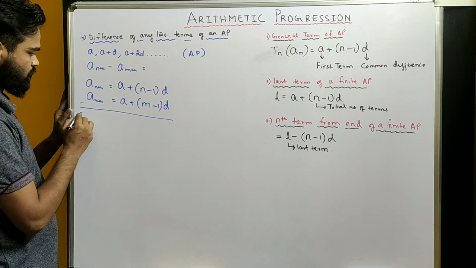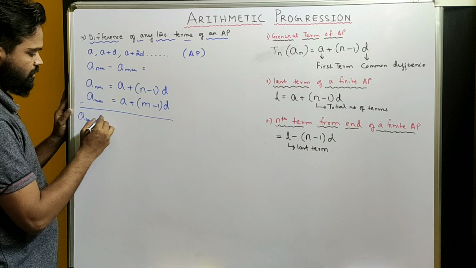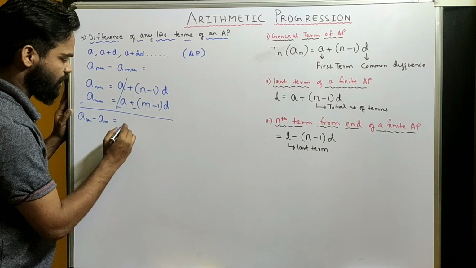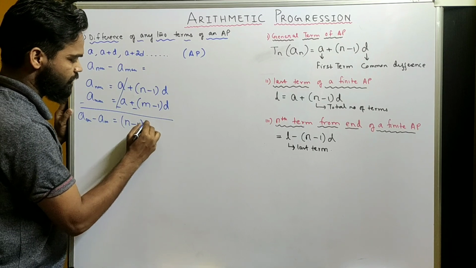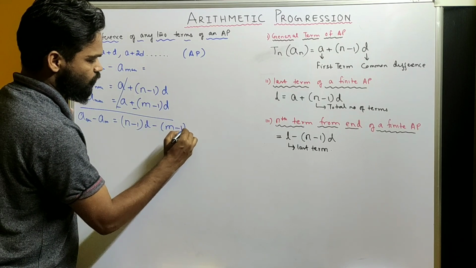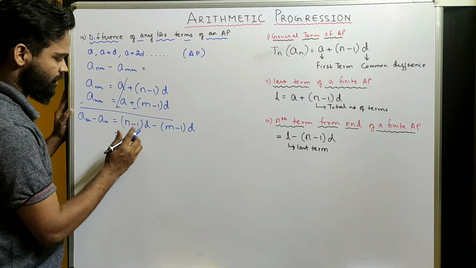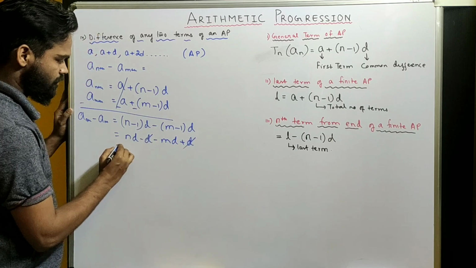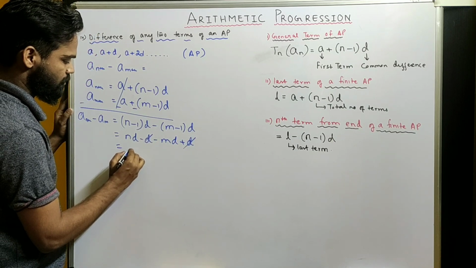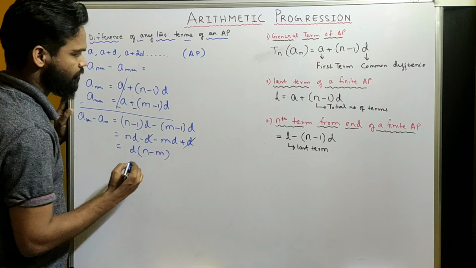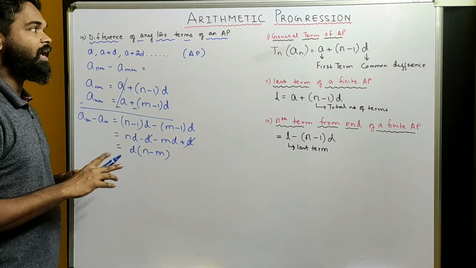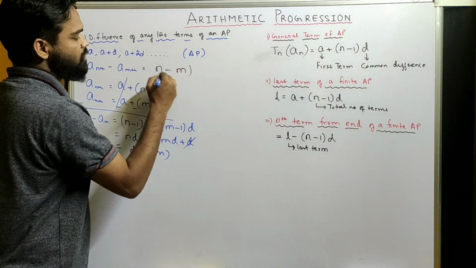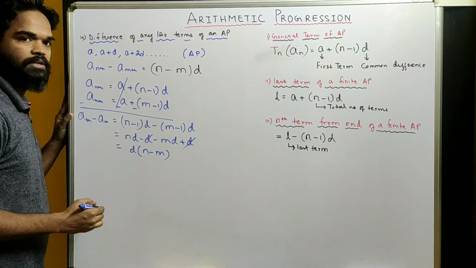So when you subtract, a_n minus a_m is equal to, the a cancels out, and this becomes (n minus 1)d minus (m minus 1)d, which is equal to, if you open the bracket, nd minus d minus md plus d. Taking d common, the difference of any two terms of an AP will be simply (n minus m) into d.